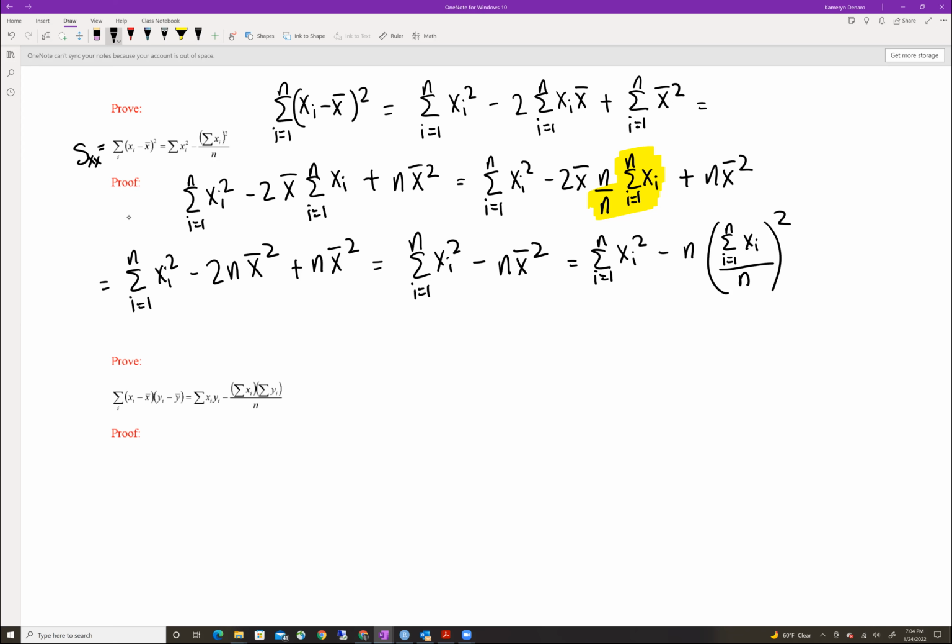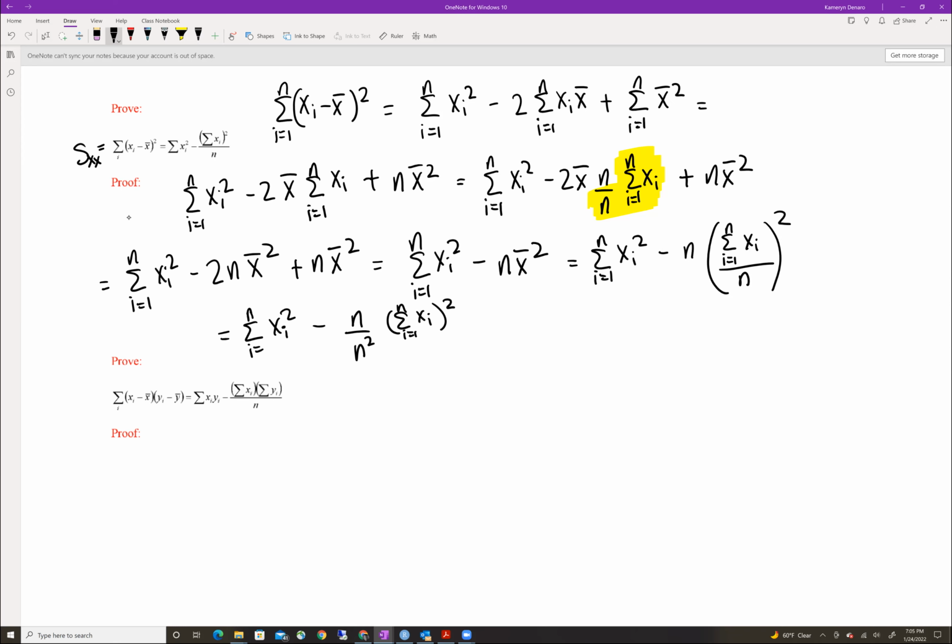Okay, looking good. We're looking very, very close to what we would like it to be. So all of this is going to equal summation i equals 1 to n of the xi squareds minus, well, we have n over n squared times the summation i equals 1 to n of the xi's squared.